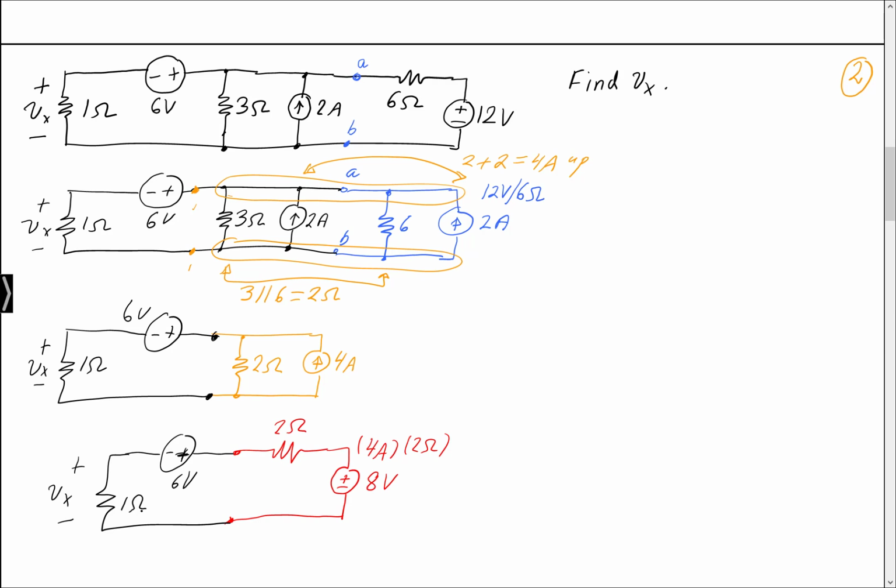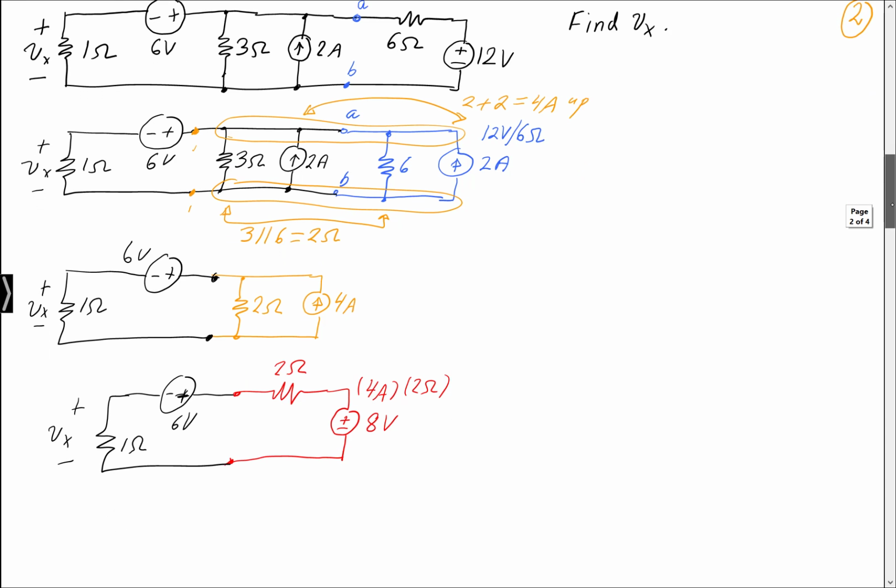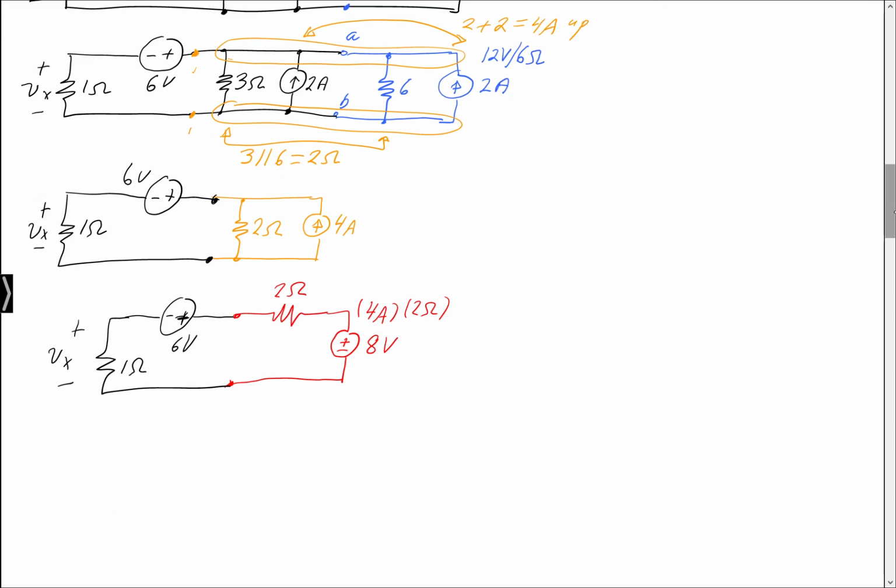But if things are in series, I can shuffle things around, or I can move things around. And this next step is not really necessary unless you really need to see it. But it's perfectly fine to redraw, right, in this case, and do this. 2 ohm.